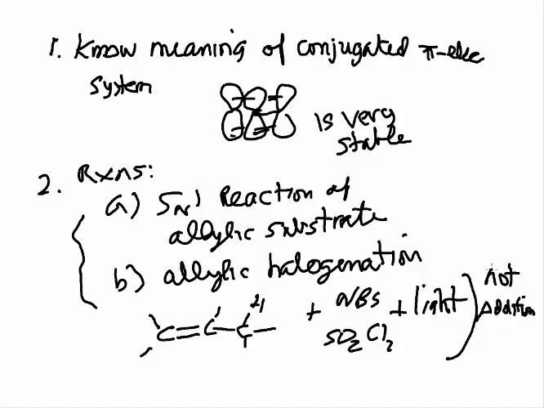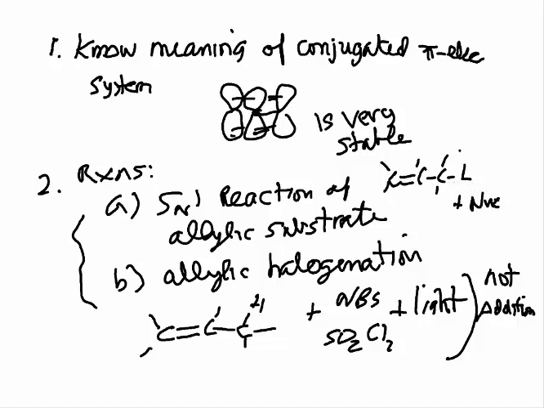Also now, if you see an allylic substrate, where L is either a halogen or a tosylate, you will see with it something that will ordinarily not add to double bonds. You're going to see with it some kind of nucleophile present, basically. In our example, we saw water.